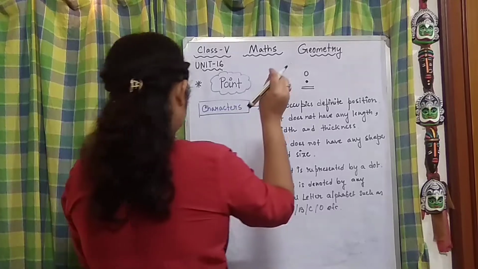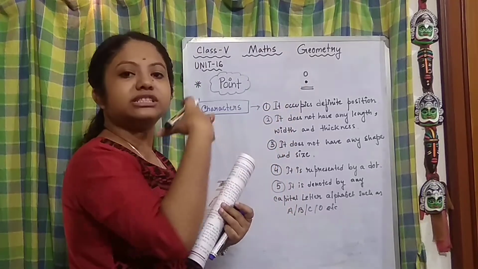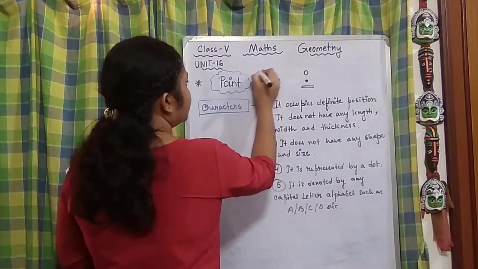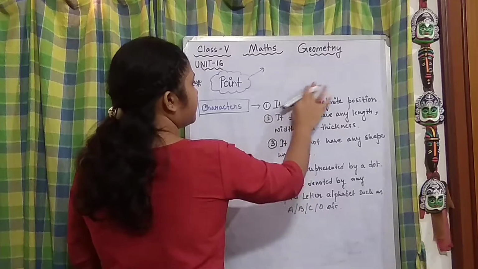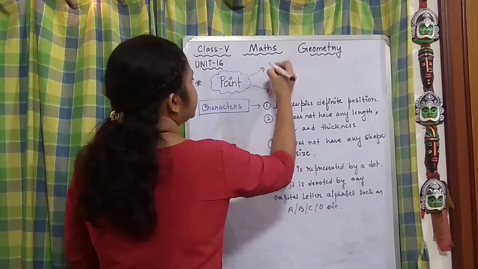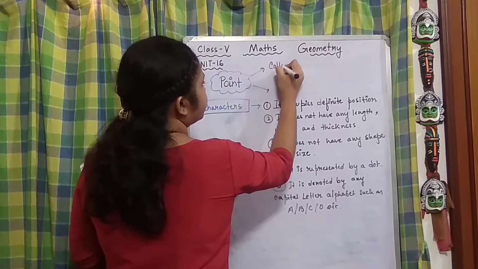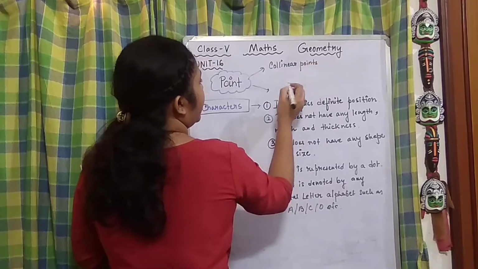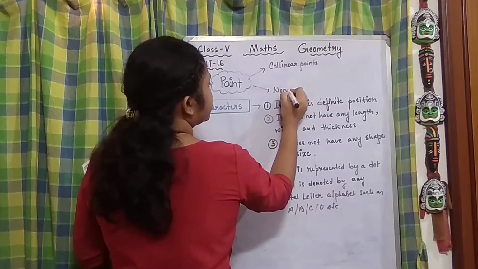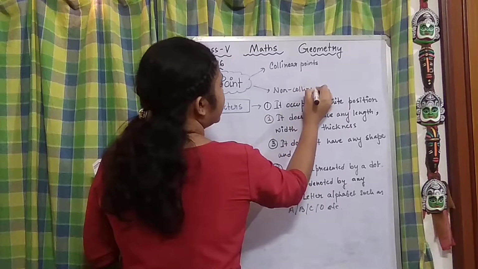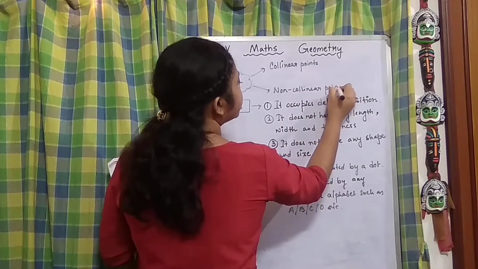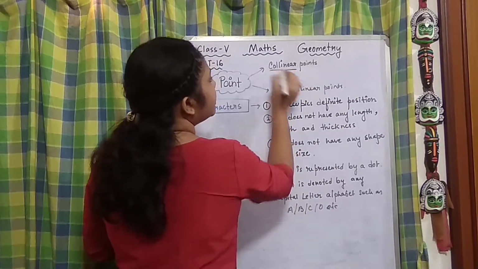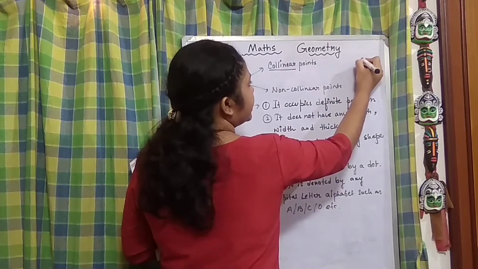Now based on how these points are lying, they can be of two types. So two types of points. Now I am erasing this part. First, the collinear points, and non-collinear points. Now what do collinear and non-collinear stand for? Collinear means, suppose this is a point.